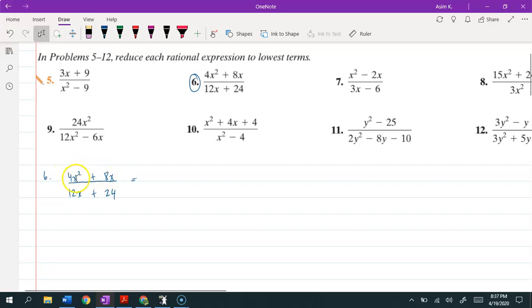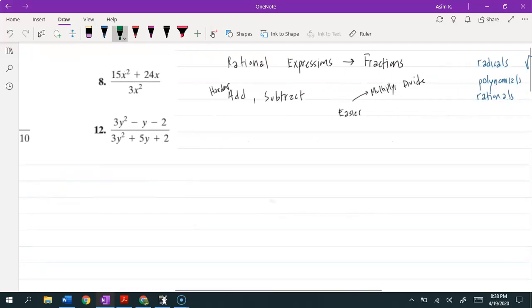So in the numerator, it says 4x squared plus 8x. So what you really do is you factorize out the 4x, and you say that what's left over is an x plus 2, like this over here. And in the denominator, what's really left over after you factorize out a 12 is also an x plus 2, like that, right?